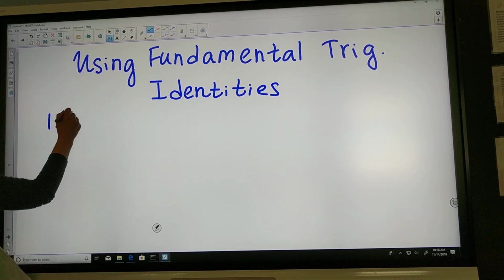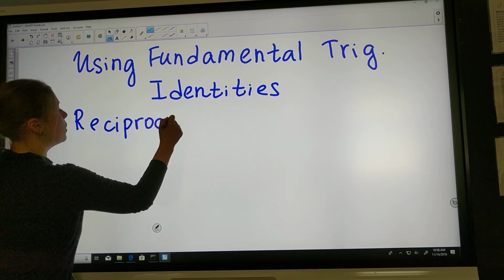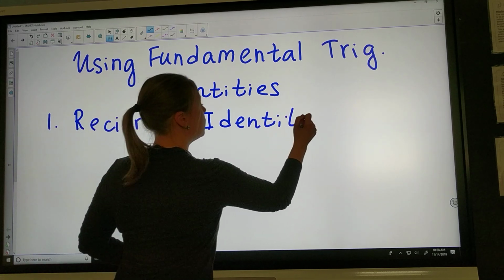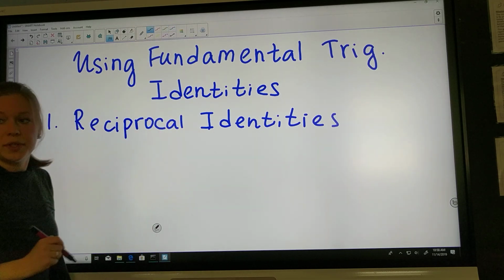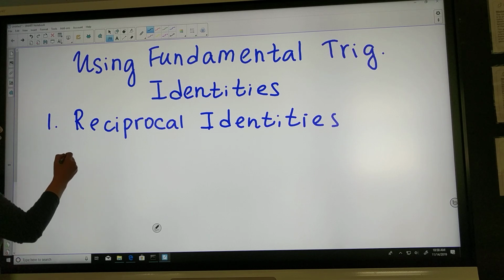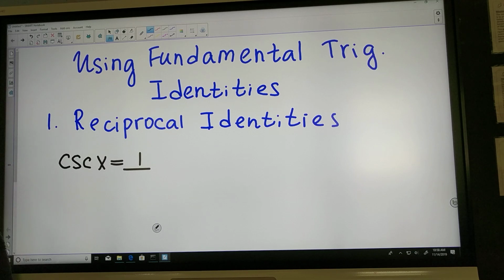Number 1, reciprocal identities. Most of the stuff will be familiar to you. Maybe you can tell me what reciprocal identities are. Cosecant x is 1 over sine.